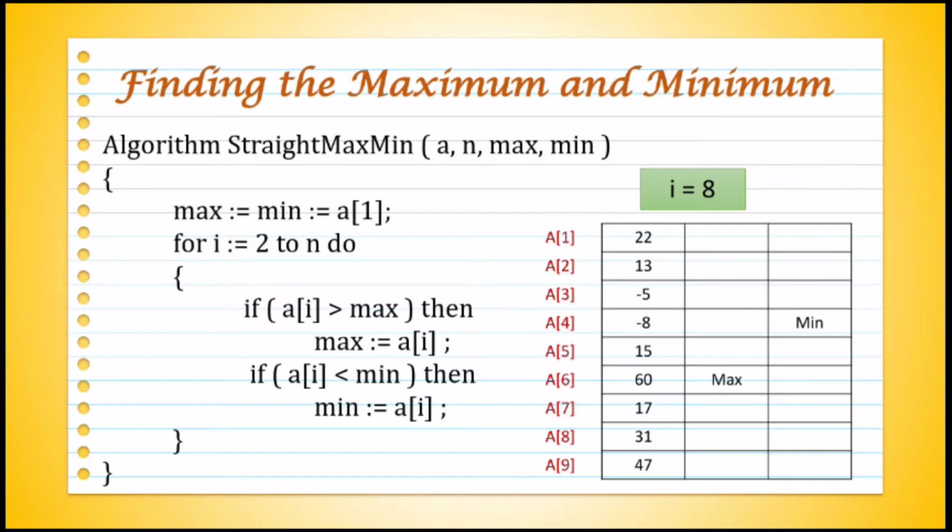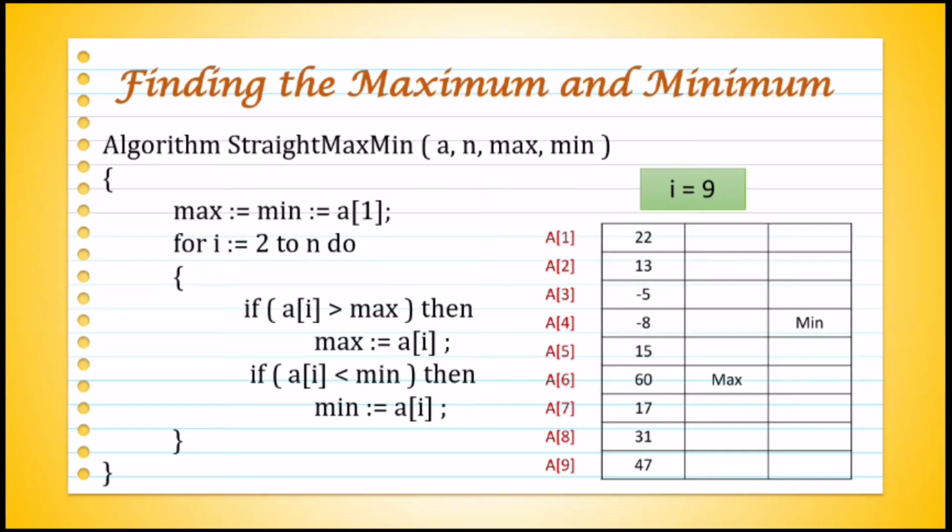So again the previous condition was true, we will increment the value of i by 1, that is 9. So 9 is less than or equal to 9? Yes, the condition is true. So we will execute this for loop again. So first condition, that is a of i is greater than max.